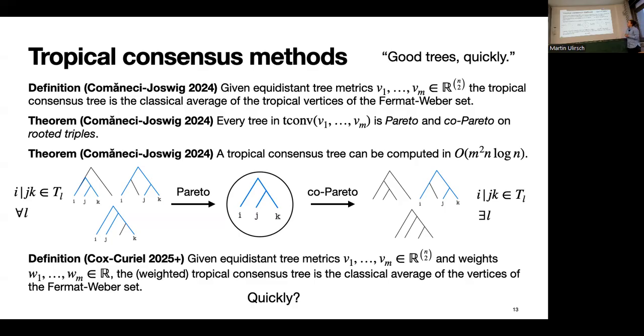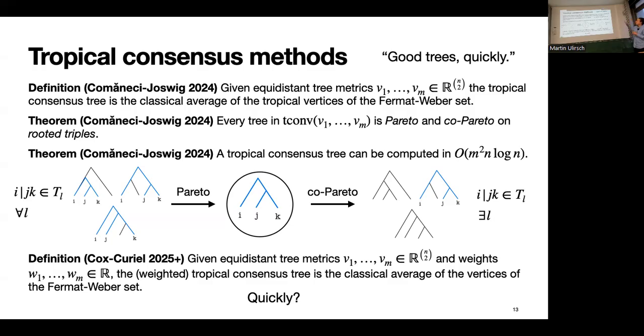They take the unweighted Fermat-Weber points and compute the classical average of the tropical vertices of the Fermat-Weber set. You can compute the classical average here and it'll still remain in tree space because each of the cells is actually a polytope, so it's actually classically convex.